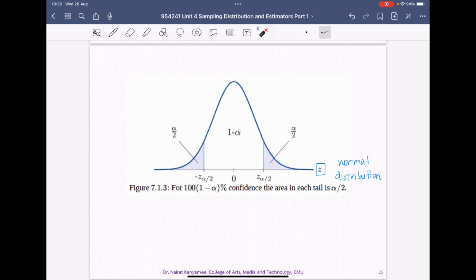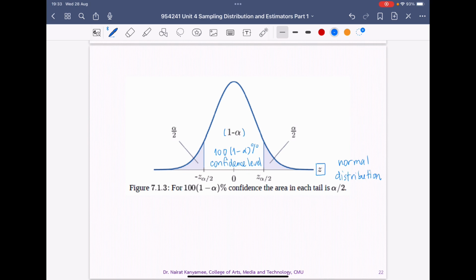If you talk about the population in percentage, this will be 100 times (1 minus alpha) percent. It's the same value. This is the confidence level, the value 1 minus alpha.